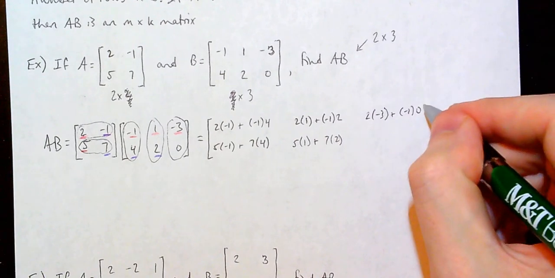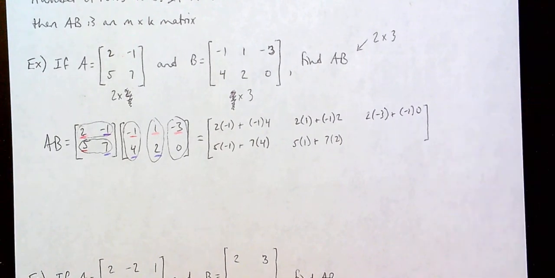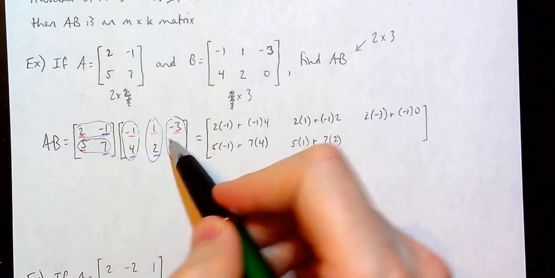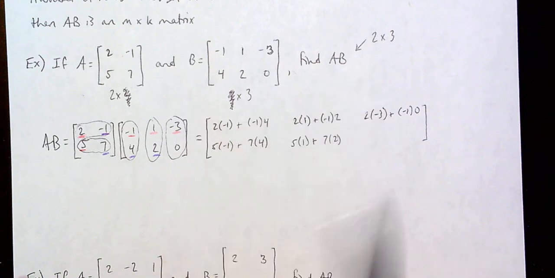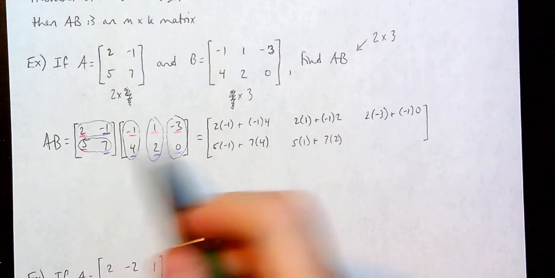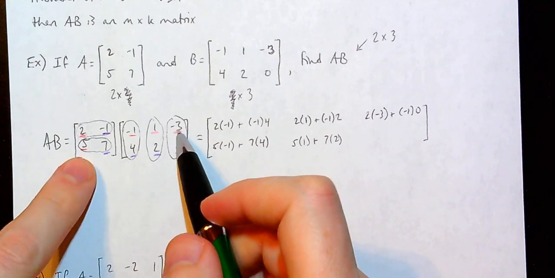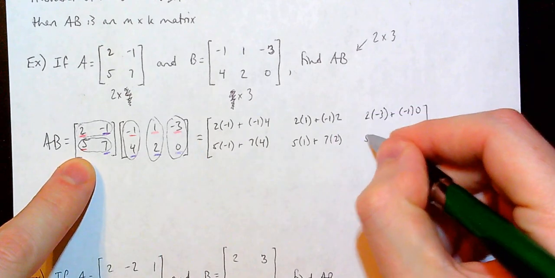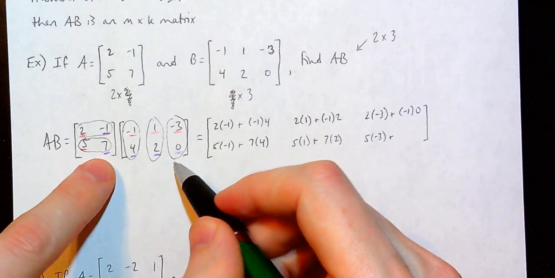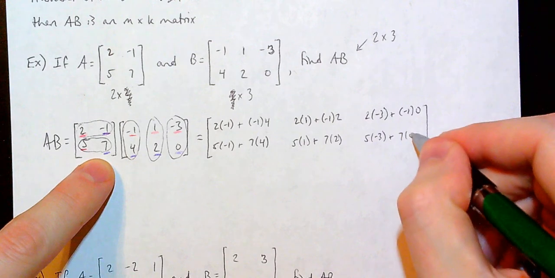And then entry in second row, third column, second row, third column. 5 times the -3, the product of the firsts, plus product of the seconds, 7 times 0.